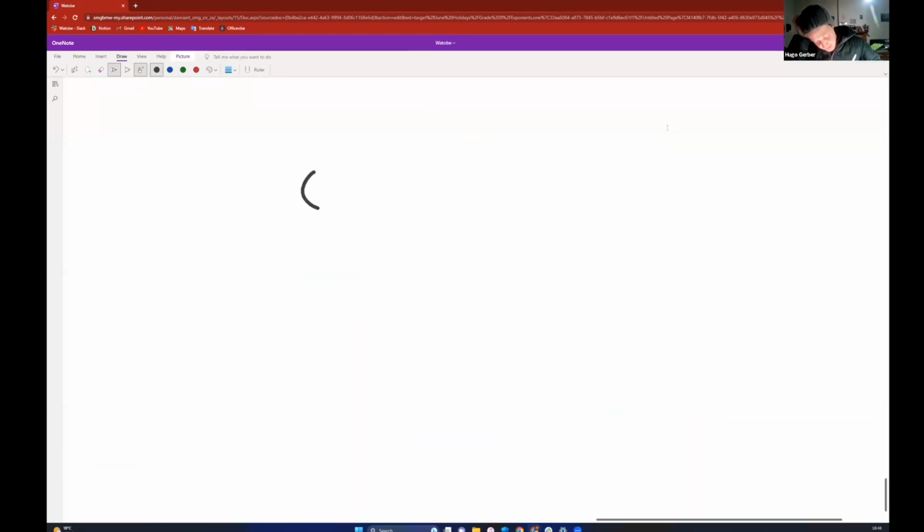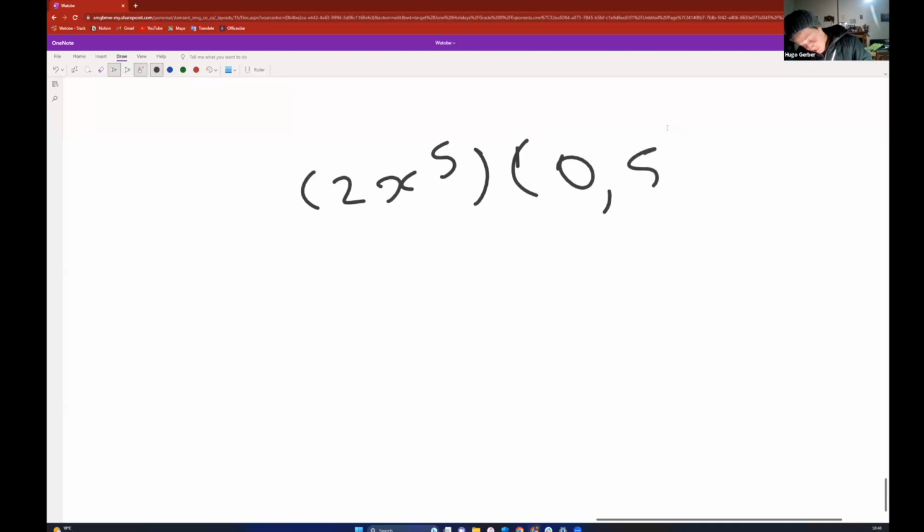So bracket 2x to the power of 5, bracket 0.5x to the power of -5.